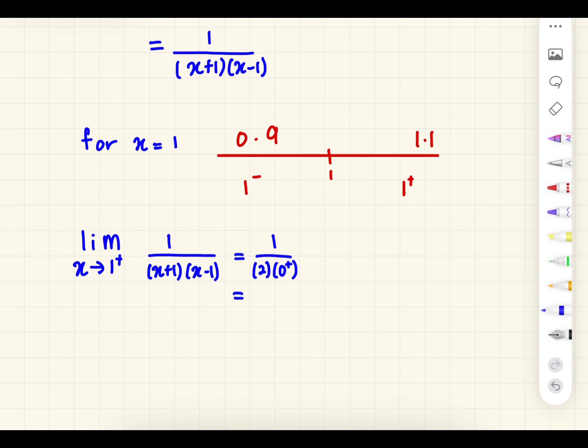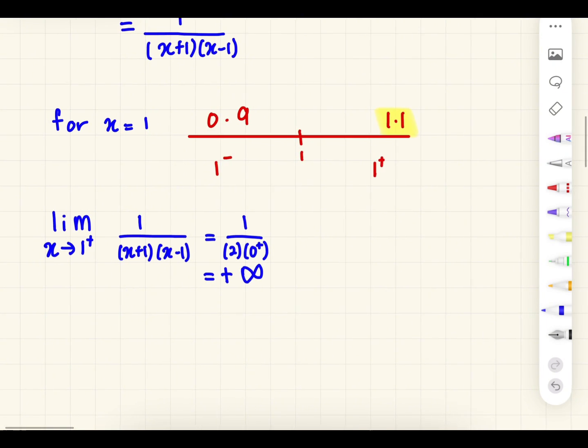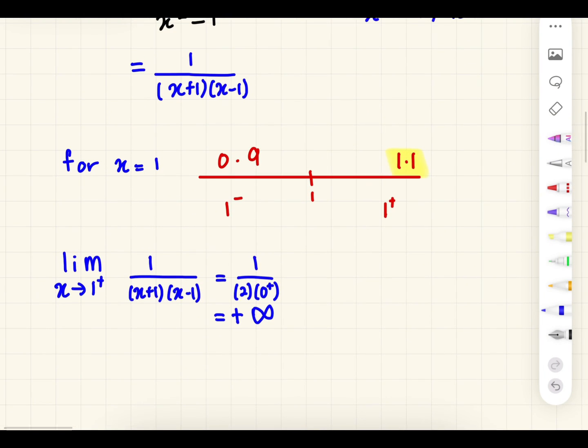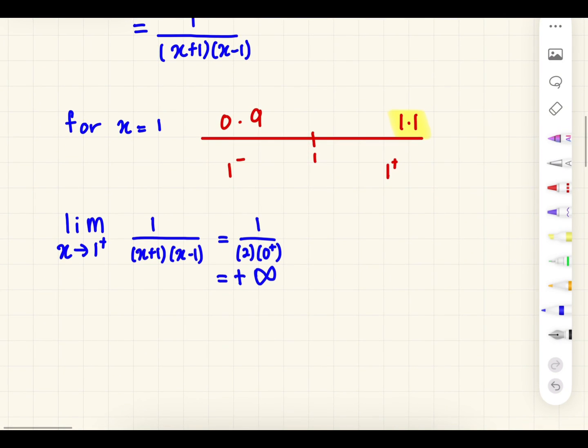But here we have x approaching 1 positive, so we can take the value 1.1. So 1.1 minus 1, we will get a positive value. So we can put 0 positive here. Equals 2 times 0 positive, we get 0 positive, and 1 over 0 positive will be positive infinity.